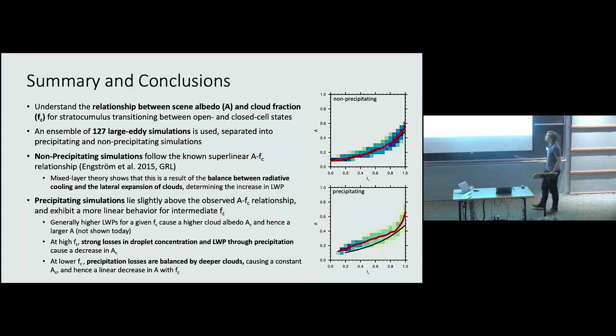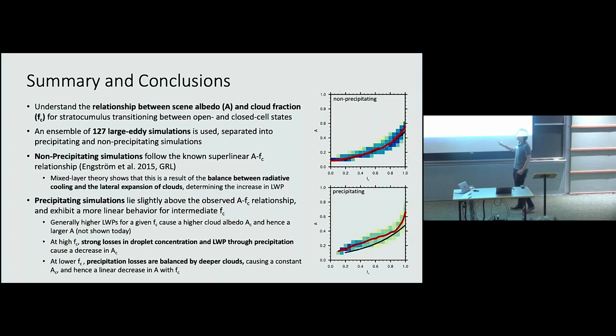For the non-precipitating simulations, we have shown that they follow the known superlinear relationship from Engström. And with mixed layer theory, we have explained this is mostly caused by the balance between radiative cooling and lateral expansion of clouds, which is then determining the changes in liquid water path.